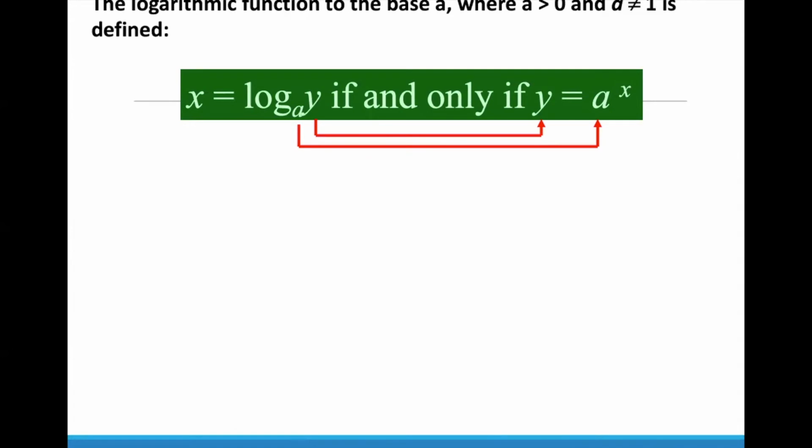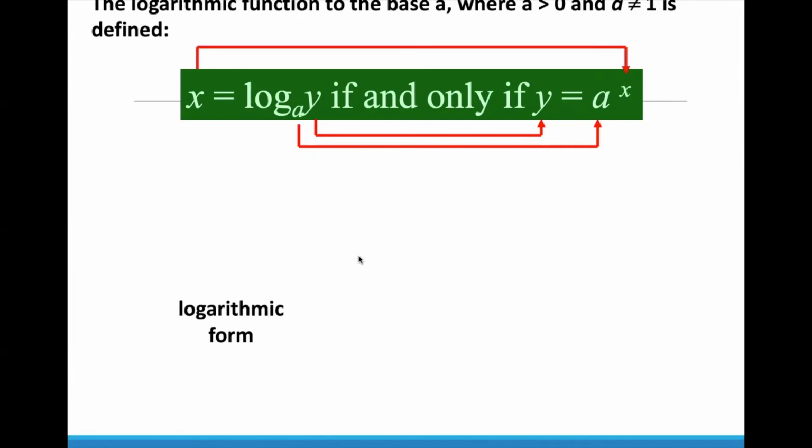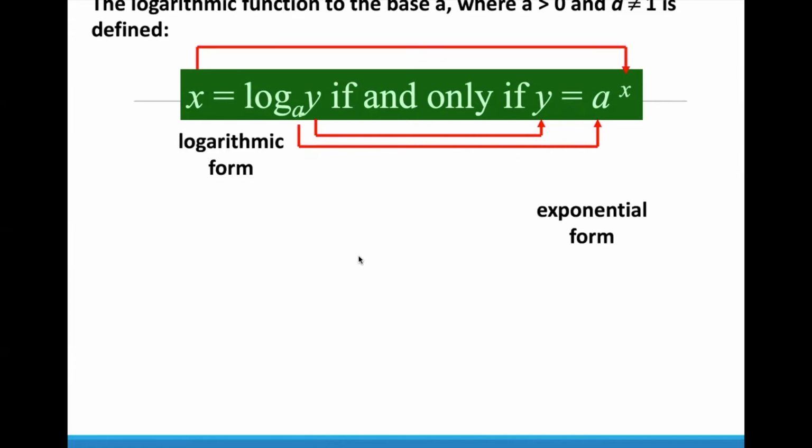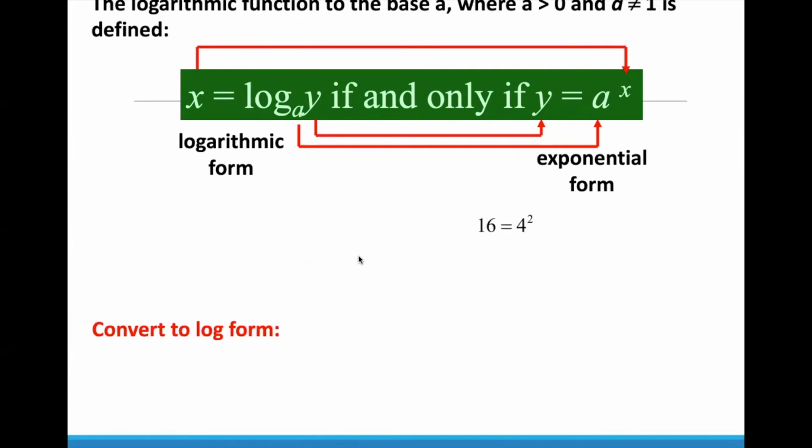As you can see, if you have the logarithmic function to the base a, where a is greater than 0 and a is not equal to 1, it's just the same as y equals a raised to x. This is the logarithmic form and this is the exponential form.